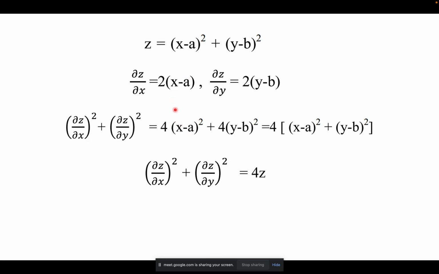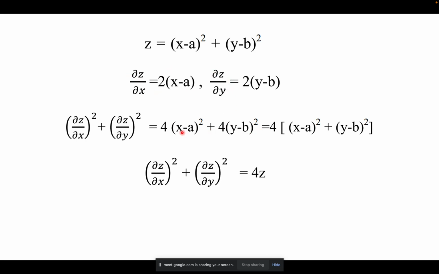So you substitute the value of x minus a whole square. The value of x minus a whole square will be del z by del x whole square upon 4, right? So what you have is del z by del x whole square plus del z by del y whole square. I have simply squared both terms and added them. So you will get 4 times x minus a whole square plus 4 times y minus b whole square if I square them and add them, right?